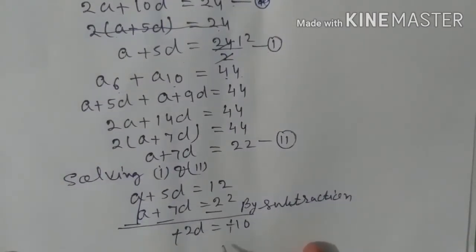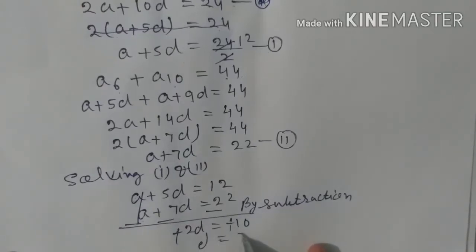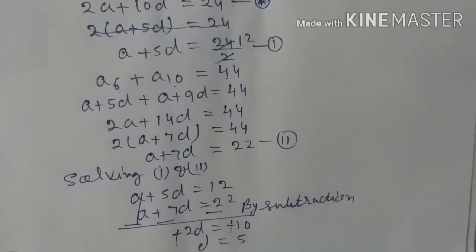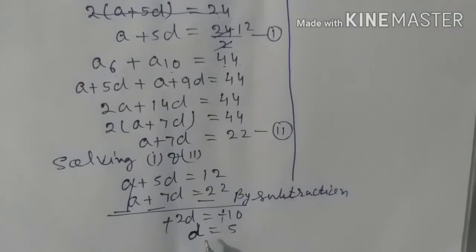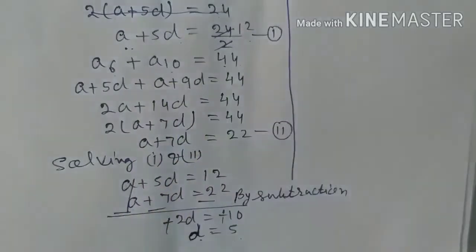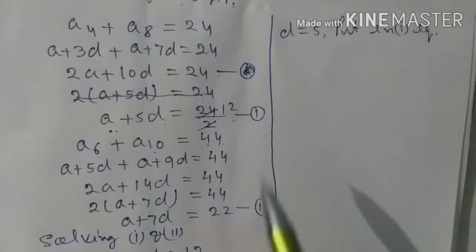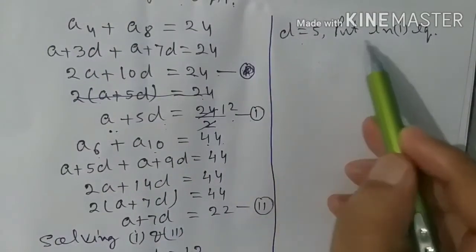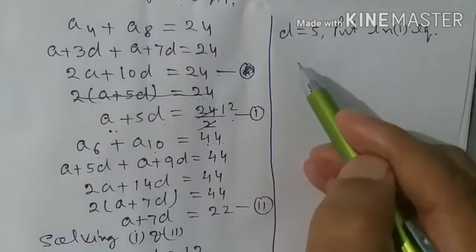The minus signs cancel, D is equal to 5. With D equal to 5, put the value in the first equation.